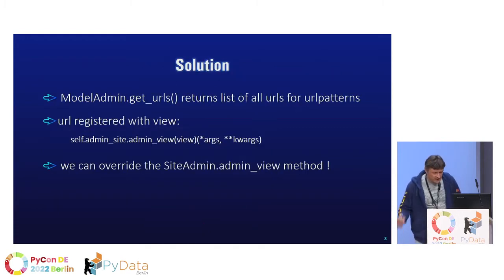The solution is very simple, easy. ModelAdmin has a method get_urls. These URLs wrap the bound methods of the instance in the admin_view method. If we override the admin_view method, we can get good things.